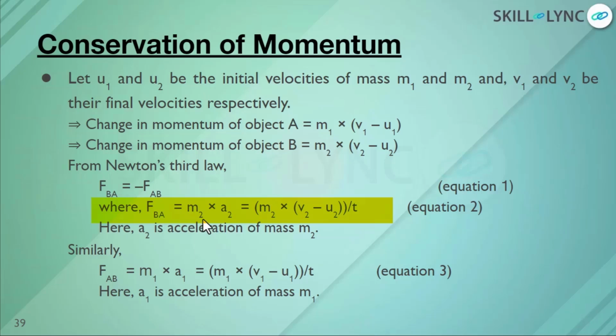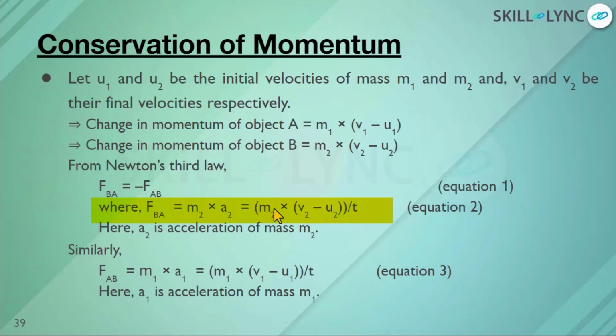Force is equal to mass into acceleration. Since FBA is the force applied by object B, the formula can be written as m2 into a2. Also we know that a2 is the acceleration of object B, and acceleration is defined as change in velocity per unit time. Therefore, acceleration can be more elaborately written as (v2 minus u2) divided by time, that is, final velocity of object B minus initial velocity of object B with respect to time.